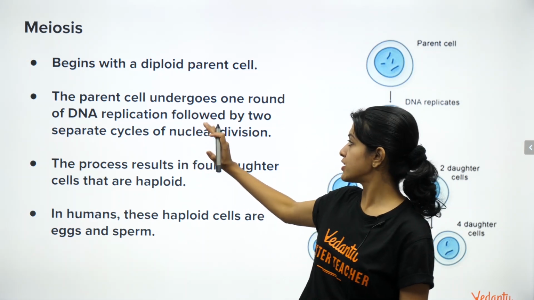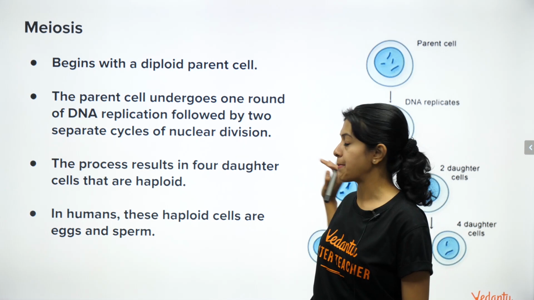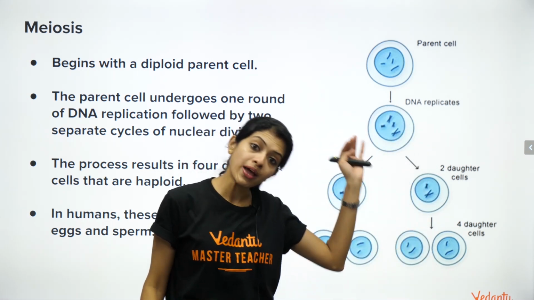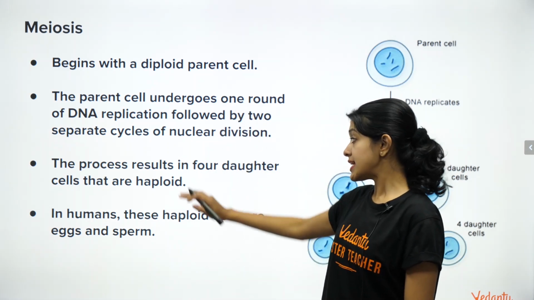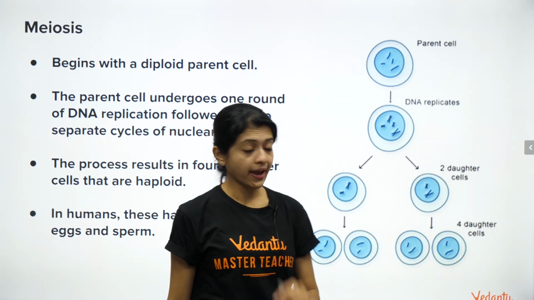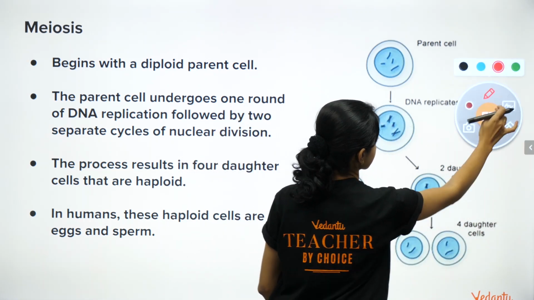The parent cell undergoes one round of DNA replication followed by 2 separate cycles of nuclear division, which is exactly what I have shown you in this image here. Okay, this process results in 4 daughter cells that are haploid. Okay, remember that. Very important point.